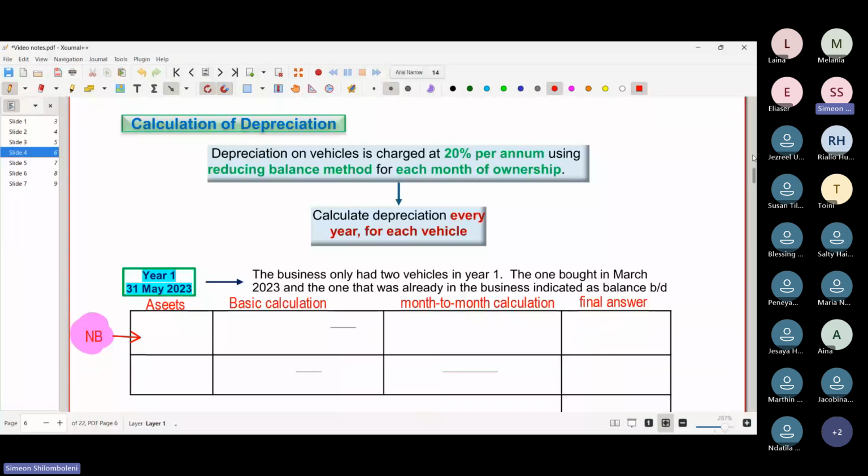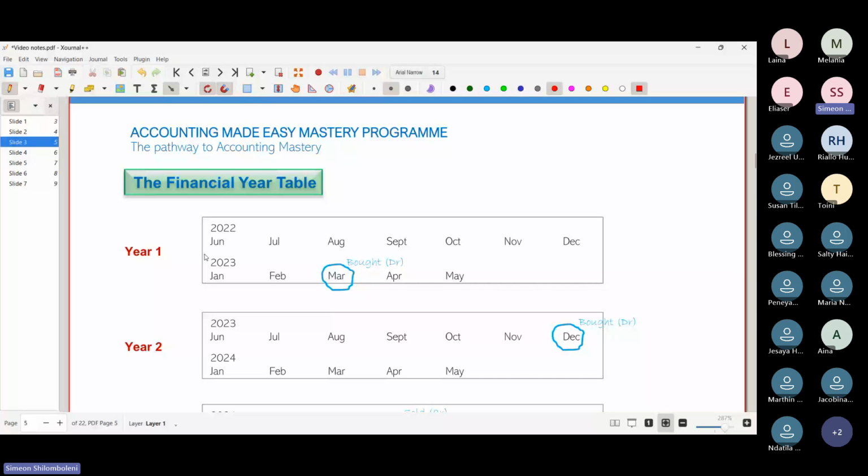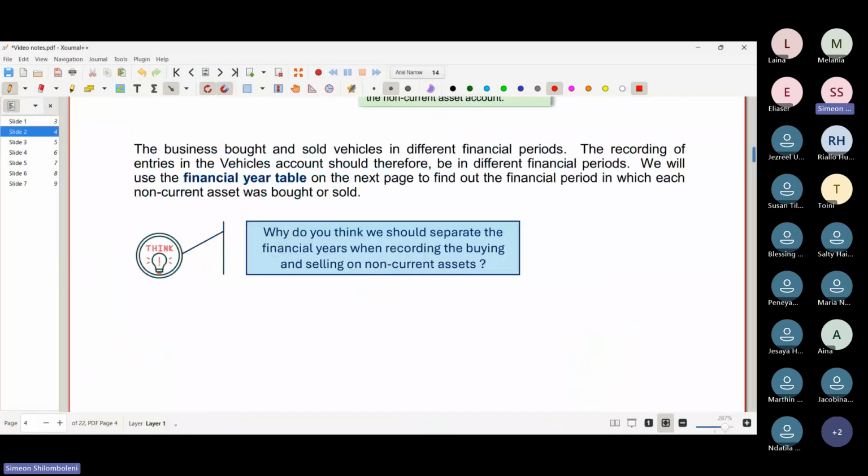So we go to year one. I already taught you how to get these accounts. Year one, we have this one that we bought in March. This is year one. We already know how to get this one. How we go to that March. The one that we bought in March is the one for 90,000.